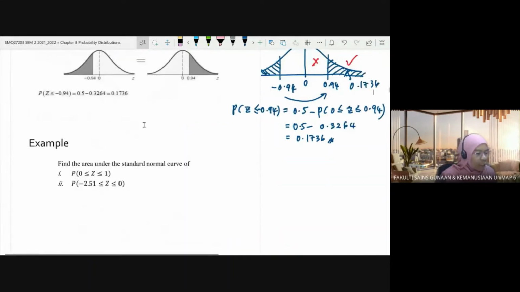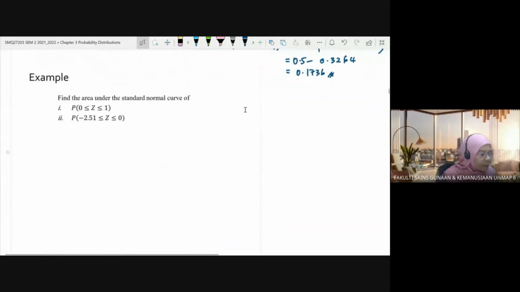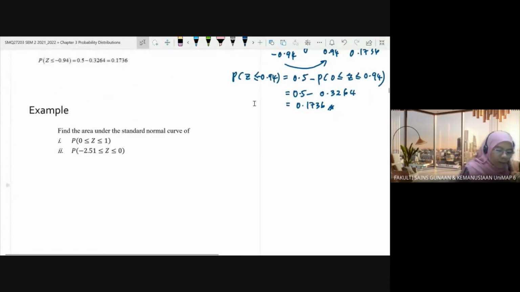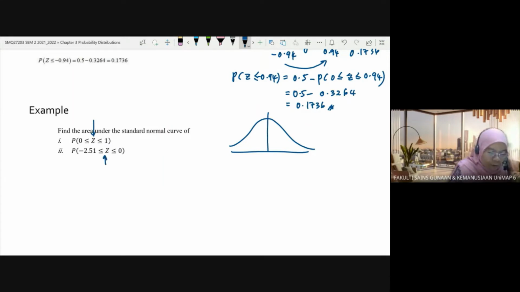What if you have another question? From 0 until 1. Can you please do it, class? You are having standard normal. How do I know that this is standard normal? Because you are given the Z value directly, so the mean is equal to 0. From 0 until 1, you are looking for this particular region.